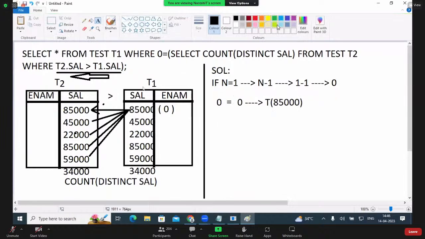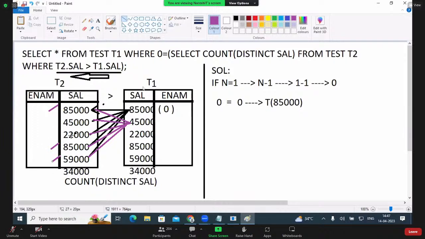Same for the remaining. Now the next record. 45,000, I want to check. Above 45,000, how many values are there in my T2 alias table? One is 85, one more 85, one more 59.